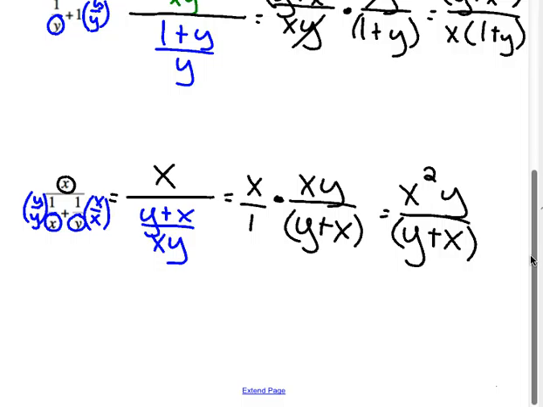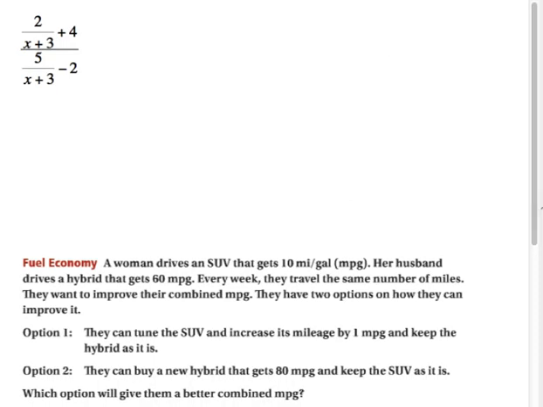So let's take a look at another example. This one is a little bit more complicated, but it is going to end up being okay. On top, to create a common denominator, I'm going to need that x plus 3 over here. So x plus 3 over x plus 3.